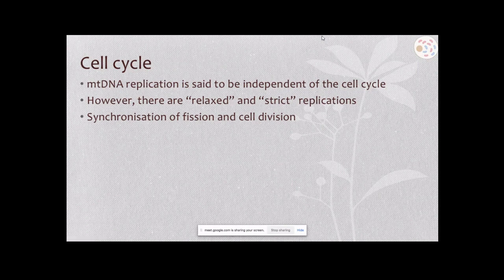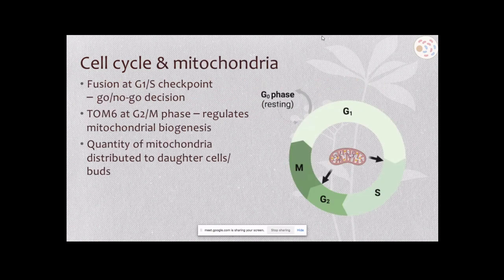And there's also synchronization of mitochondrial fission and cell division. So how do mitochondria have influence on the cell cycle? This is a very active area of research. We don't know everything yet, but these are the points from the very latest in the literature, and this gives us some clue as to why mitochondria might be the most important thing in cell cycle regulation.